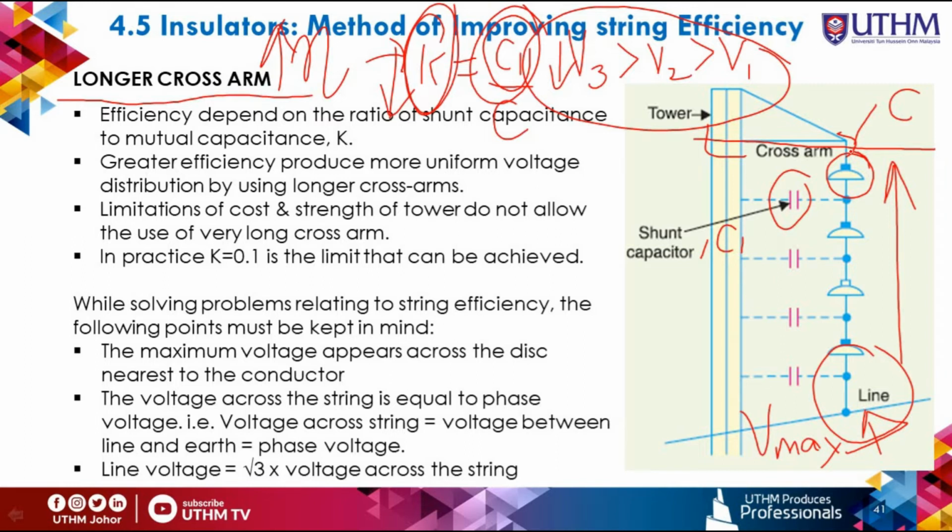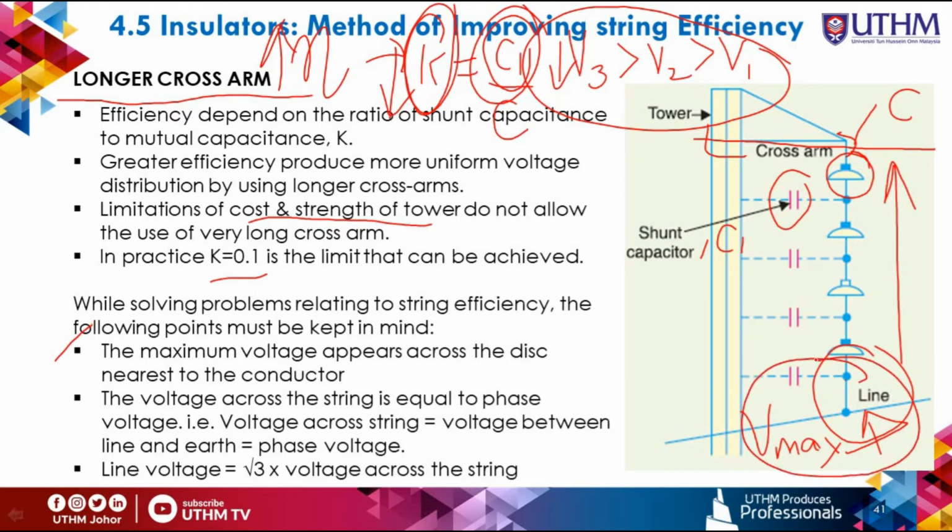However, limitations of the cost and also strength of the tower do not allow the use of very long cross arms. In practice, K equal to 0.1 is the limit that can be achieved. While solving problems relating to the string efficiency, the following points must be kept in mind. The first one is the maximum voltage appears across the disc nearest to the conductor.